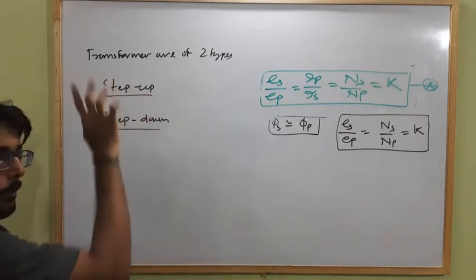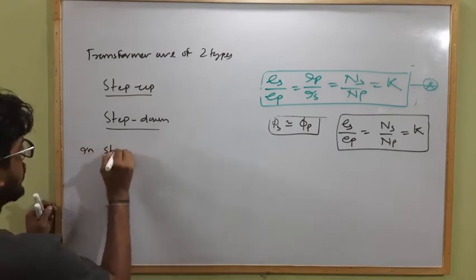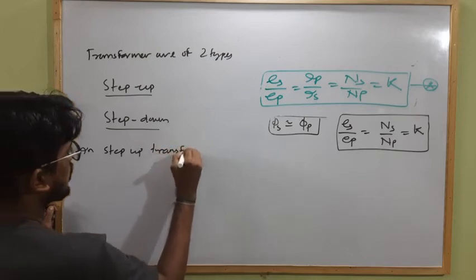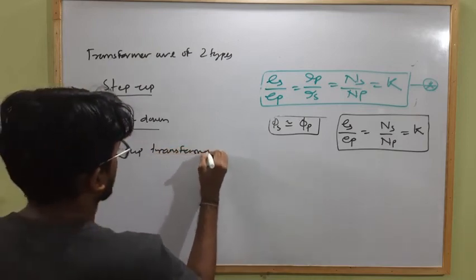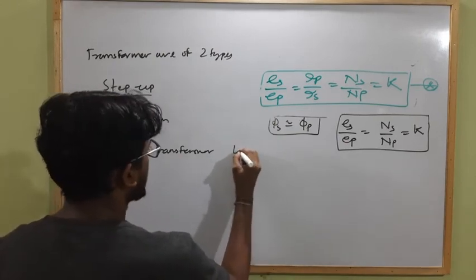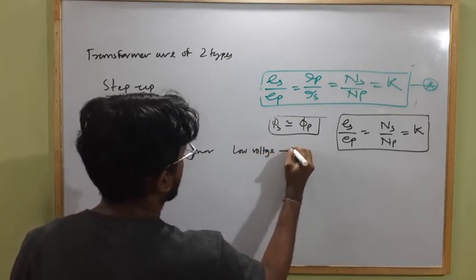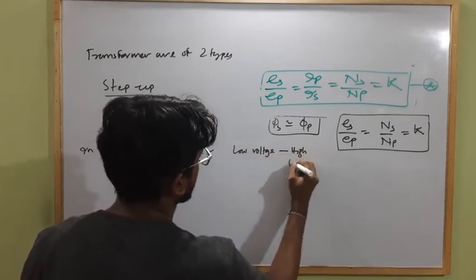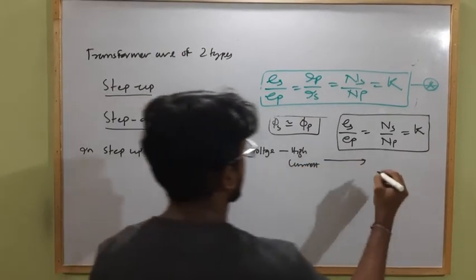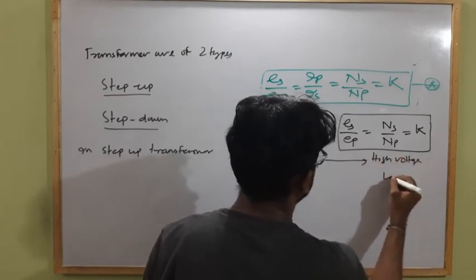In a step up transformer, low voltage, high current is converted to high voltage, low current.